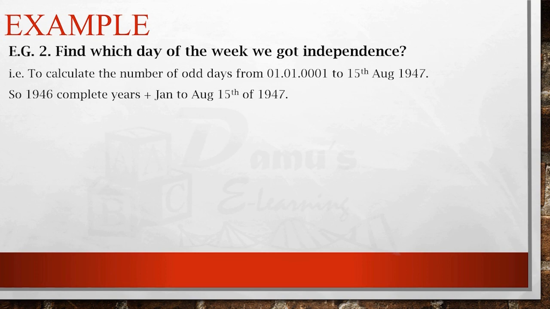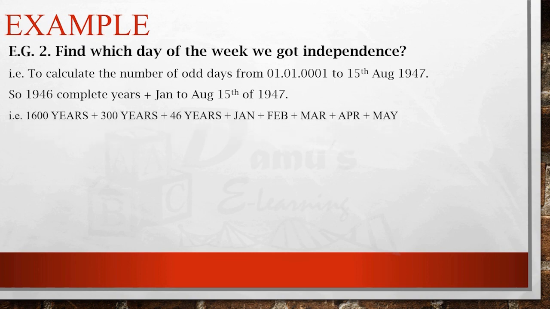So first we have to identify a century that is close to the given year. That is 1946. A century that is a leap year means a multiple of 400. So 400, 800, 1200, 1600, right? So we'll write 1600. Now how many more years to go?